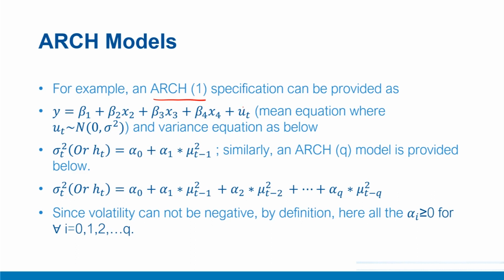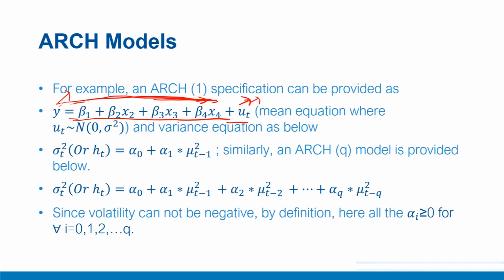In general, the ARCH model or any volatility model is a combination of a mean or return model, which appears like this: a linear function of y, the return, with some exogenous variables and some lags of returns, and an error term, which is the information or innovation shock that has arrived in the period t.